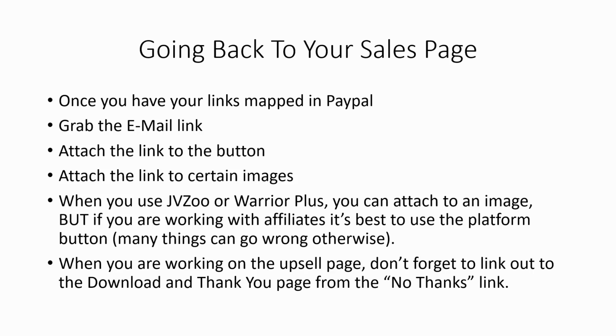If you are recruiting affiliates, you can have situations where your affiliates won't get credit and won't get paid because they're going to end up with their stats wrong. The only way you can really assure that this is going to work, and even this is not 100% sure, is to use the JVZoo Warrior Plus button that they give you. You can link out to the button you have, but I would suggest that you don't. I would suggest you use their button unless there's a business reason for you not to.